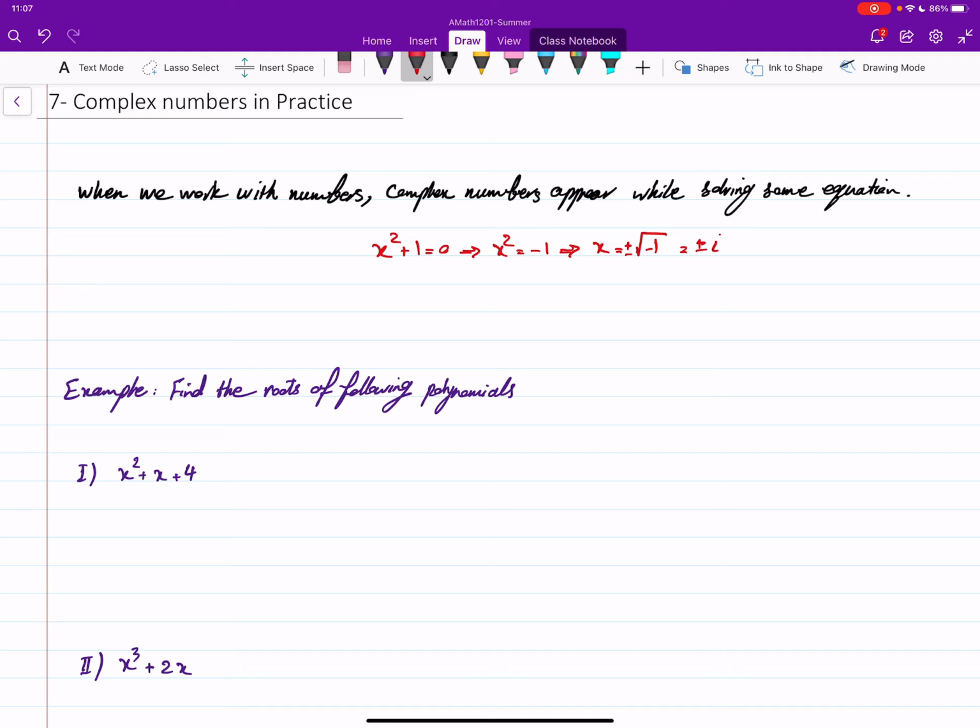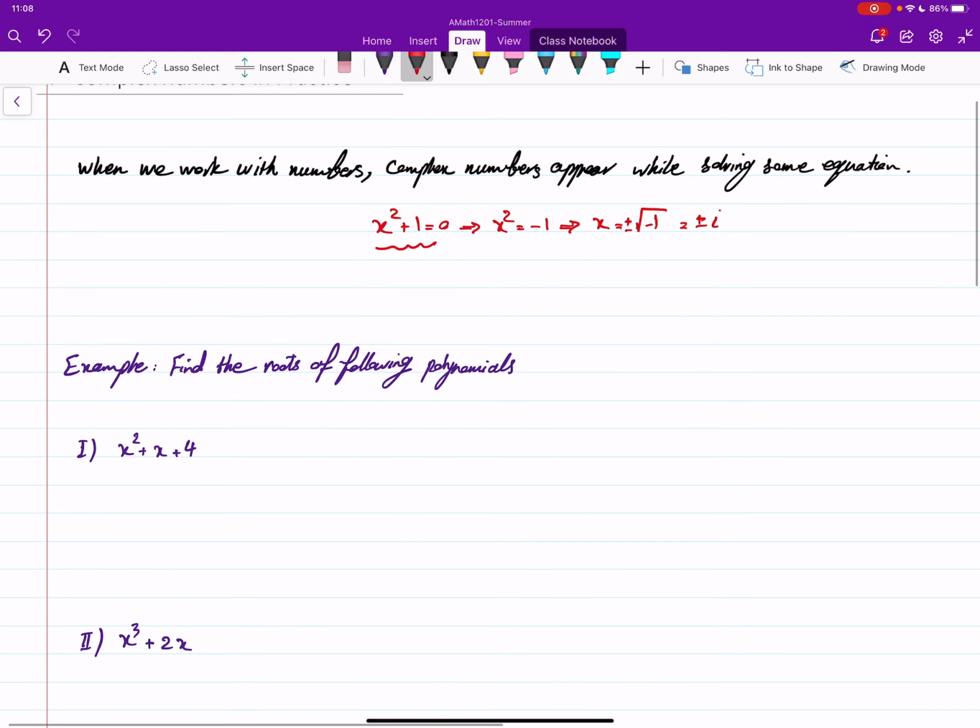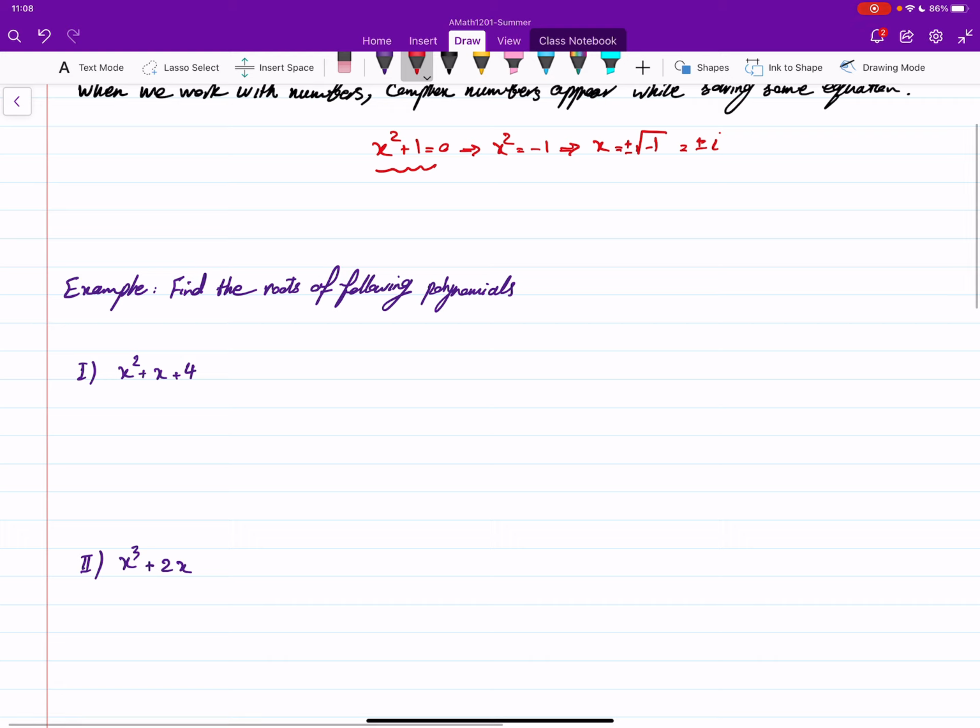You see, to start with, we were working only with real numbers. The coefficients all were real numbers. But then suddenly, when you're trying to solve it, we get complex numbers. So this is a general rule that you will notice. Let's see this in some examples and see how this happens.